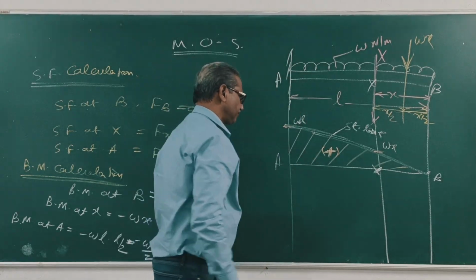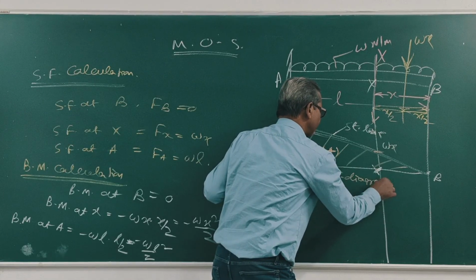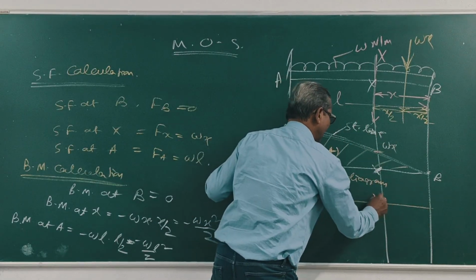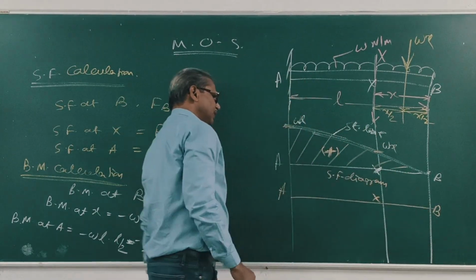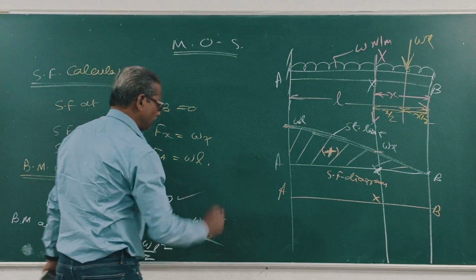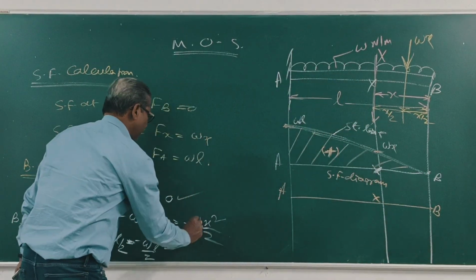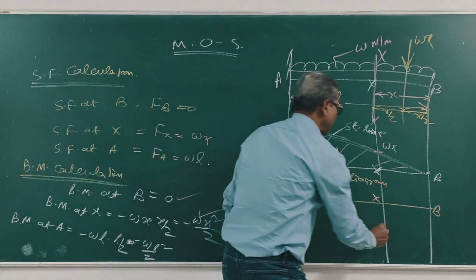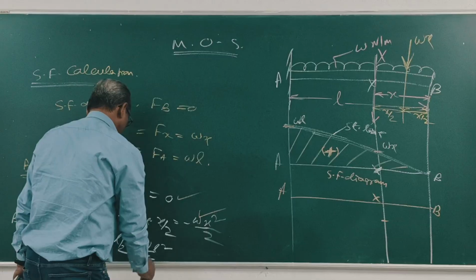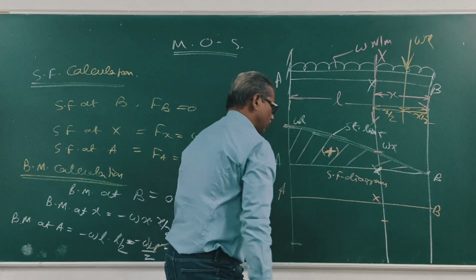Now bending moment. This is the shear force diagram. Next, bending moment diagram. A, x, B. At B, bending moment is 0. At x, minus w x square by 2. At A, minus w L square by 2.